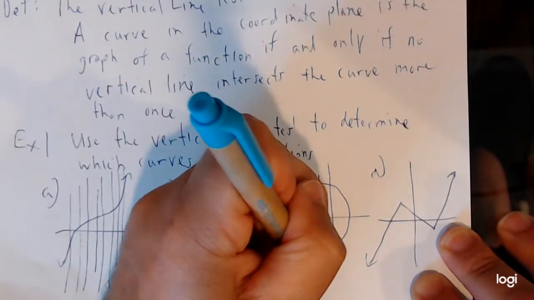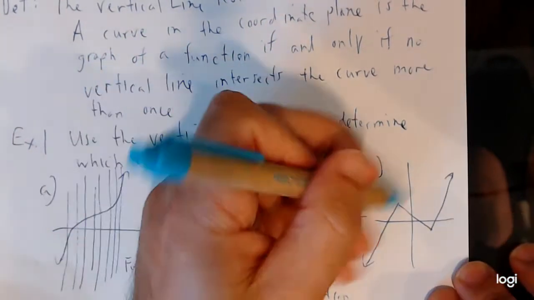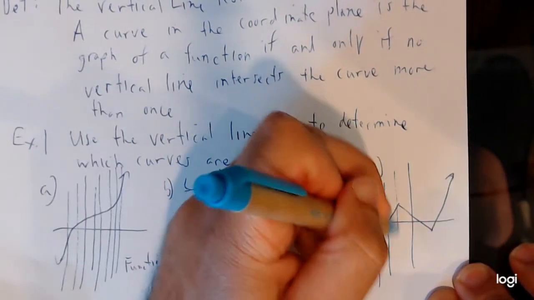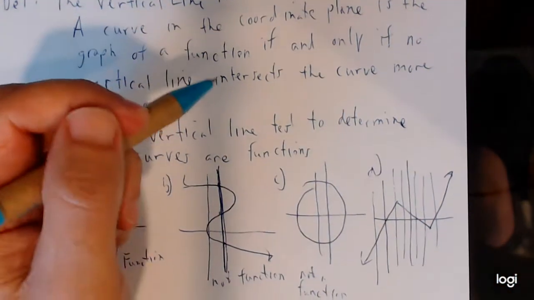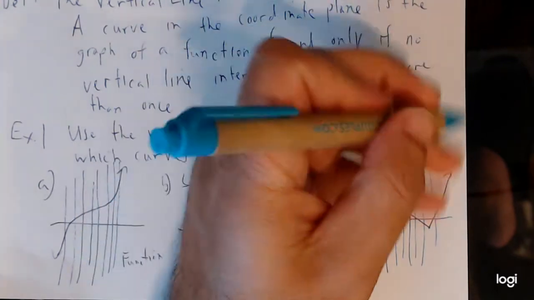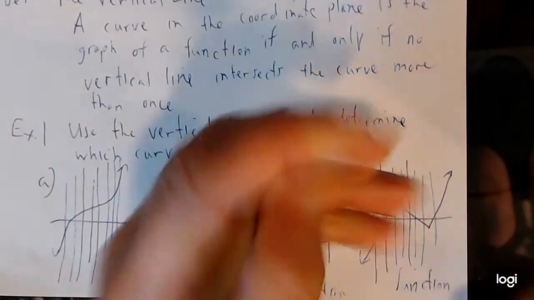So we'd say that this is not a function. And then this last one, if you look at it, no matter how many vertical lines I draw, each vertical line will intersect this at most once. So this one is a function.